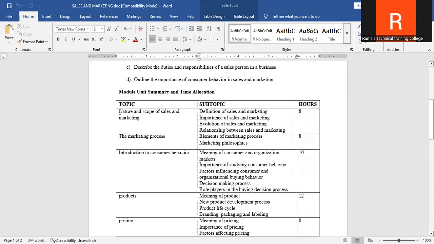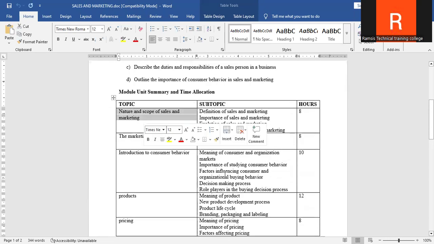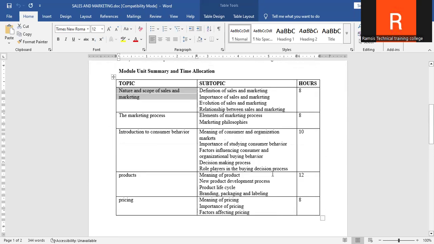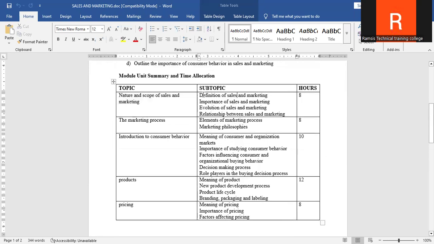So for today, we are going to look at the nature and scope of marketing. Nature and scope. First of all, we need to understand what we mean by sales and marketing.